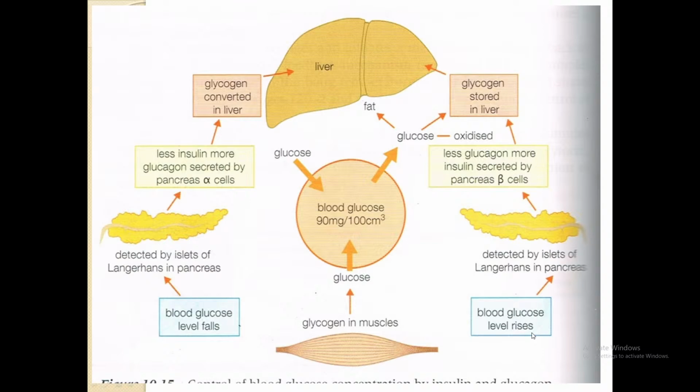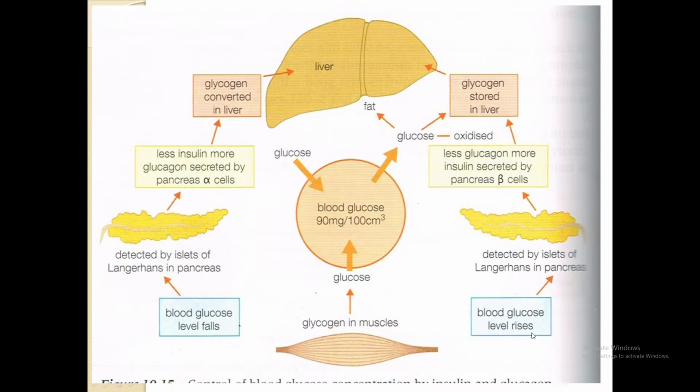Let's say, for example, you don't have any dinner later. That means eventually your blood glucose level will fall. Once it falls, the same pancreas, the same islets of Langerhans, will realize that there is a decrease, a deficiency in the amount of glucose in the blood.